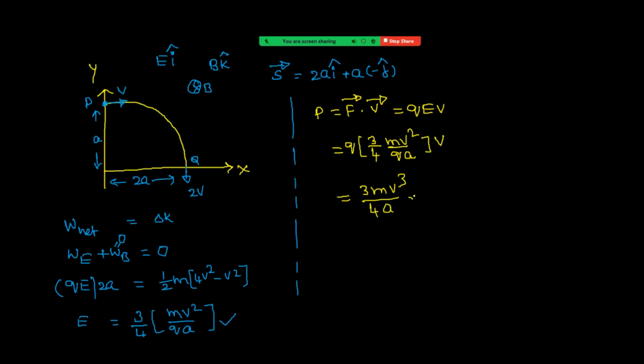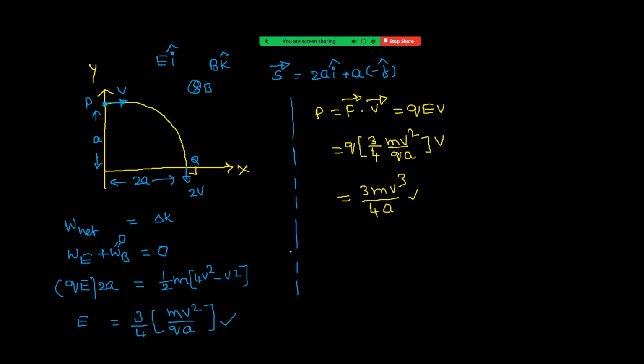That is now the power delivered by the electric force at point P. And if you observe at point Q, the field is along the x-axis, but velocity is along the negative y-axis. Between these two, the angle is 90. So F bar dot V bar becomes 0. That means option D is the correct one.